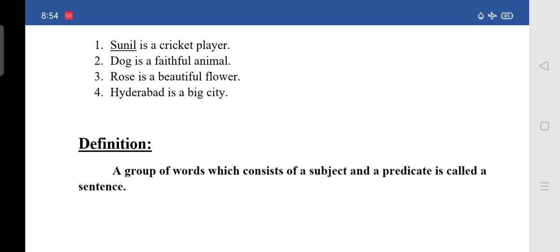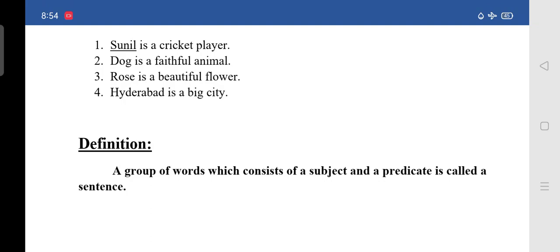Also your homework is, I want you to write a few sentences on your own, and send them to me without fail. Don't take big sentences, try simple ones. After writing the sentence, you have to write which is the subject and which is the predicate in each sentence.